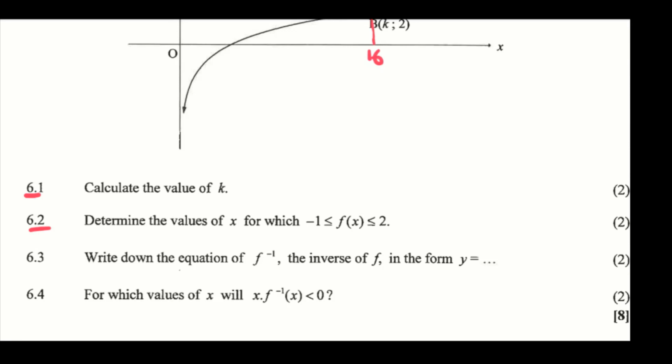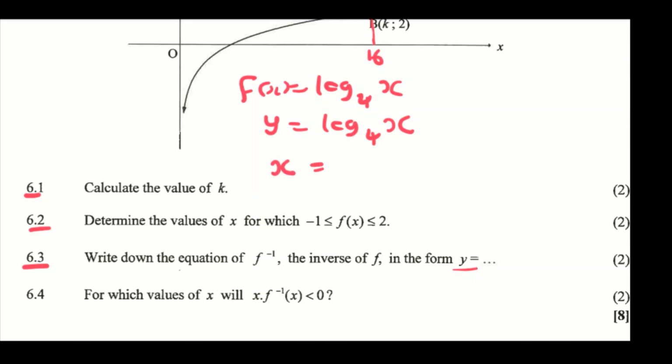Now 6.3 says that we should write down the inverse of f in the form y is equal to. So we have our equation of f being equal to log base 4 of x, right, which you can write y is equal to log base 4 of x, and then you swap the x and the y.